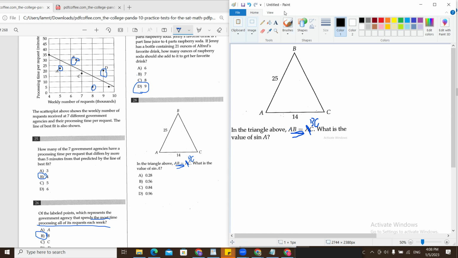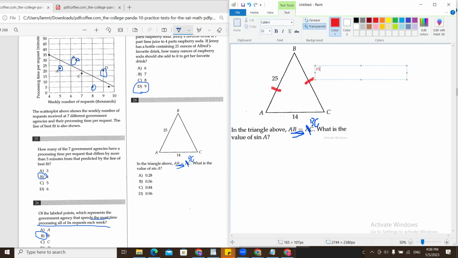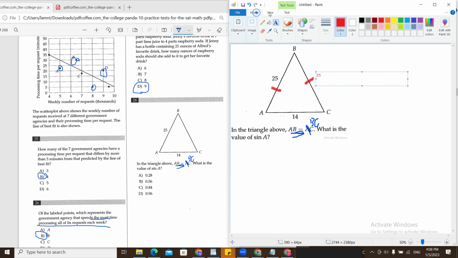Okay, so AB is equal to BC here. We're going to mark them as the same with red color. So BC here is 25. They asked about the value of sine A. First of all, let's delete the question part.